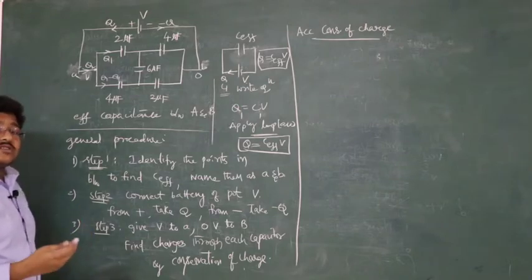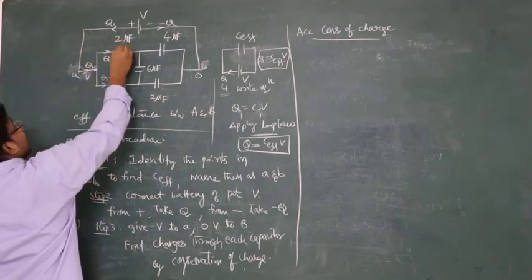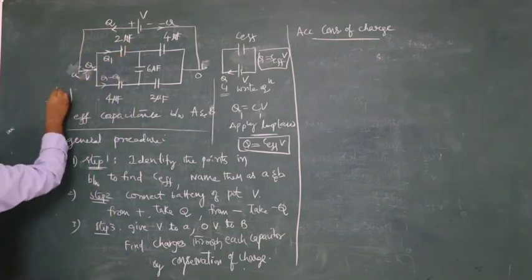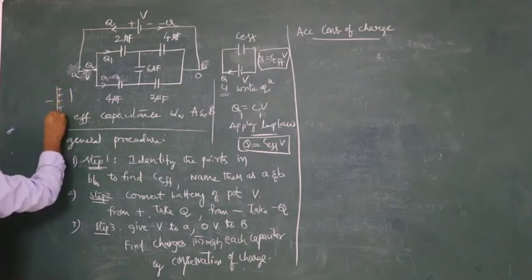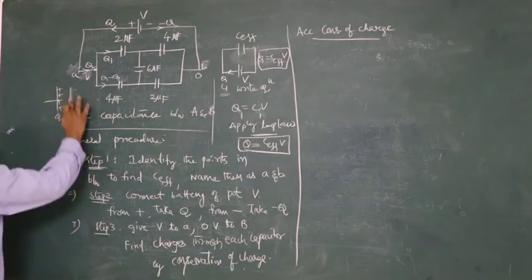In capacitors, how is the charge stored? If this Q1 is stored here, like this is plus Q1, automatically due to induction minus will start here.